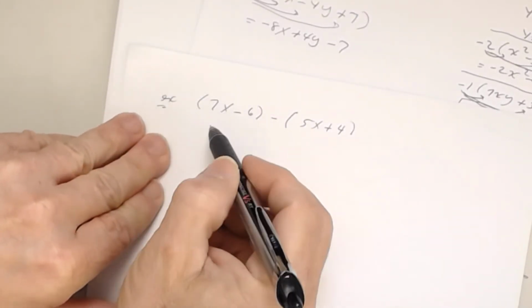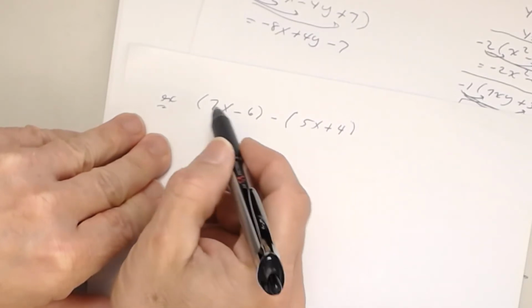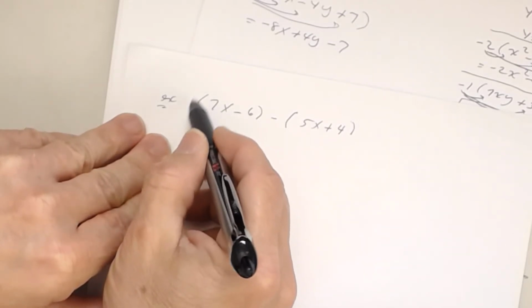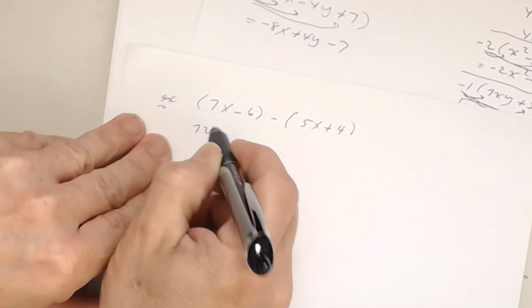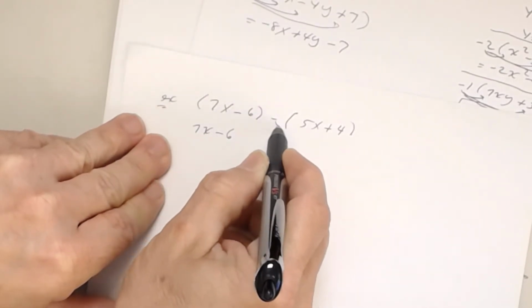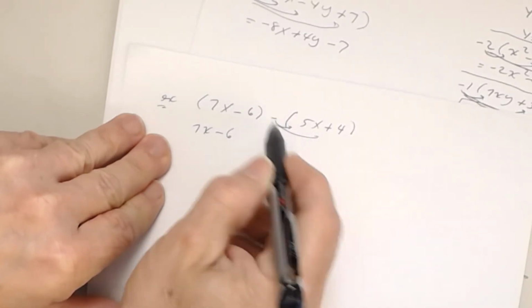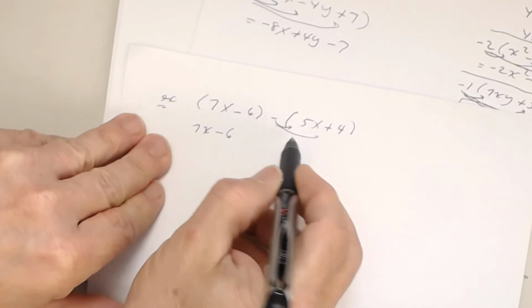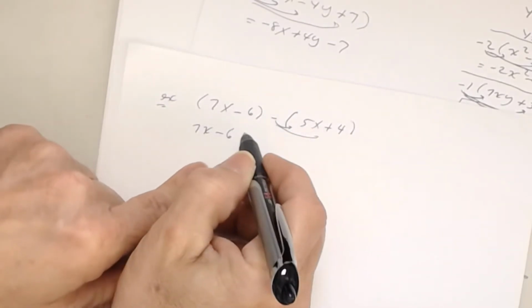So that first parentheses I can just remove, because that's a 1 out here. 1 times anything is itself. Now let's go ahead and get rid of that second parenthesis. So you can think of this as adding the opposite or just distributing a negative 1. So when I add the opposite of all of these, what do these terms become?